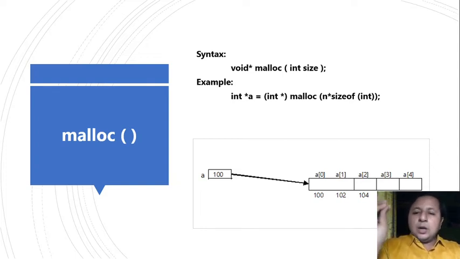You only have to allocate using dynamic memory allocation, and then in your program you can use it as if you had allocated statically. But what's the advantage? The advantage is I will be creating only that much memory which is required by the user. If the user gives a value of n as 10, I create an array of 10. If the user gives n as 500, I don't have a problem, because dynamically it will create an array of 500.